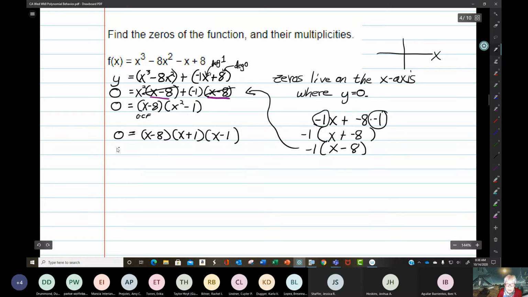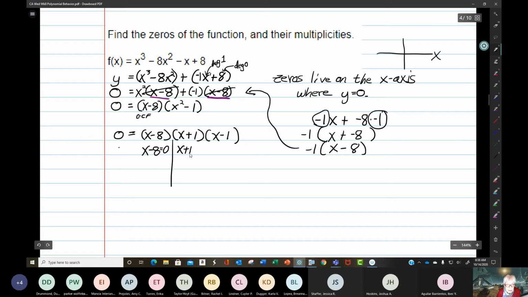Now what we do is this. When you have solved a higher order equation by factoring, and you've got a bunch of factors, you set each factor equal to 0 and solve for x in each one of them. X minus 8 equals 0.